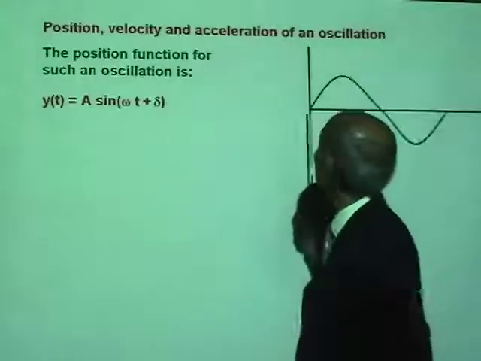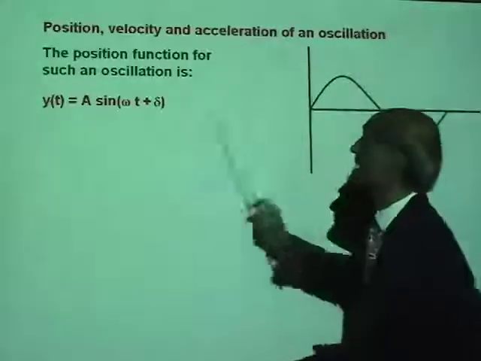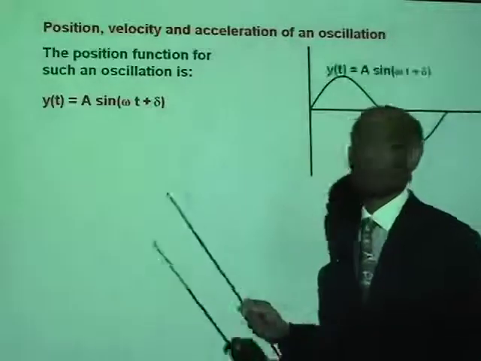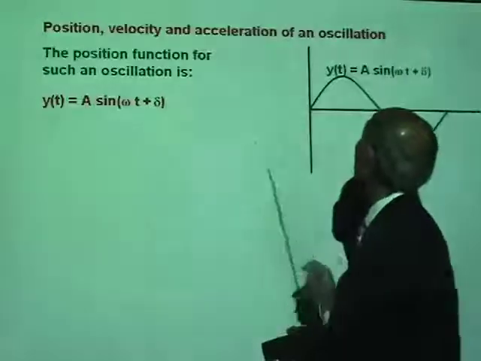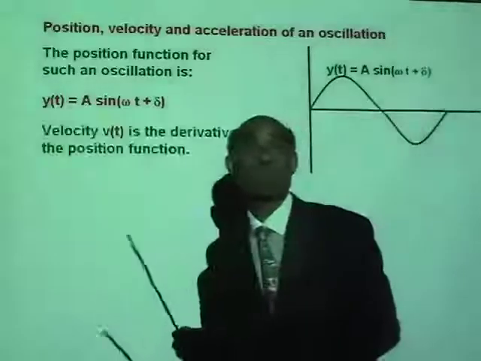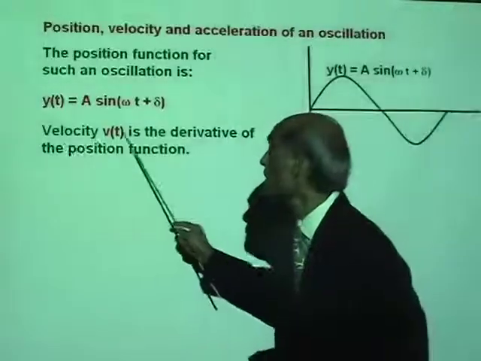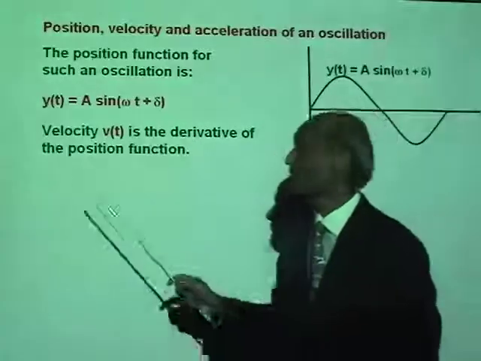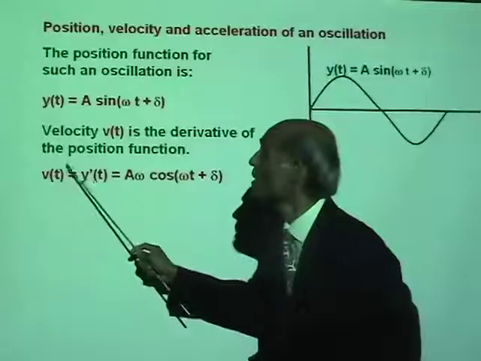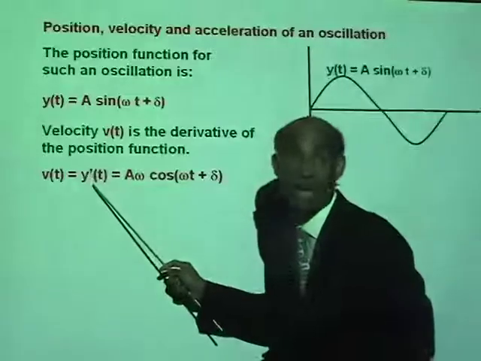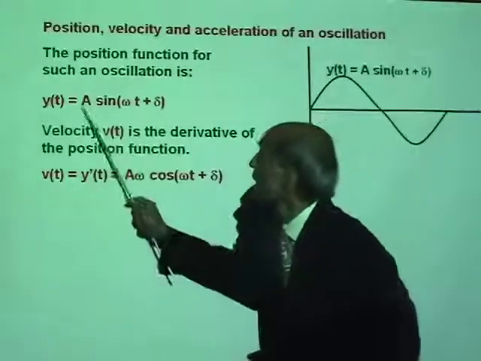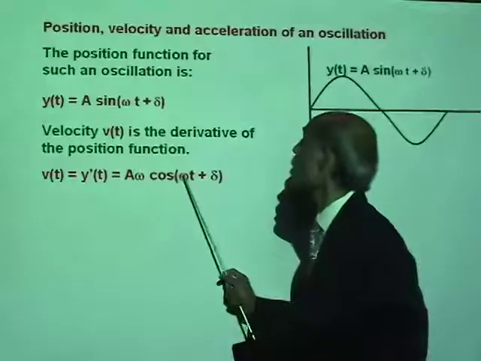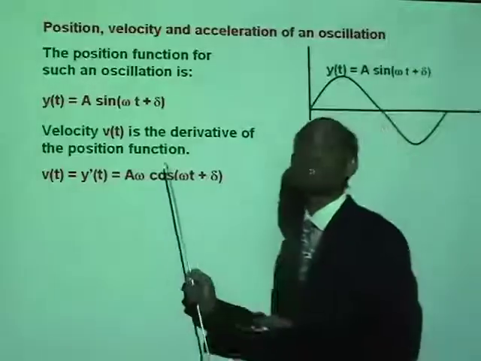Alright, this is the position function, which is a sine function. y of t is a sine omega t plus delta. Velocity is the derivative of the position function. Therefore v of t is y prime of t, which is a omega cos omega t plus delta.